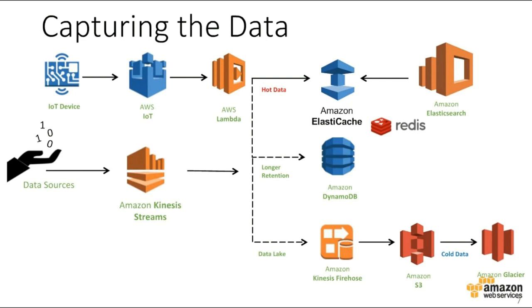If it is hot data, we can move to Amazon Elastic Cache, either using Redis or without using Redis. If it has longer retention, we may use RDS or DynamoDB, or when it is not useful at all in real time, we can store it in cold vault.